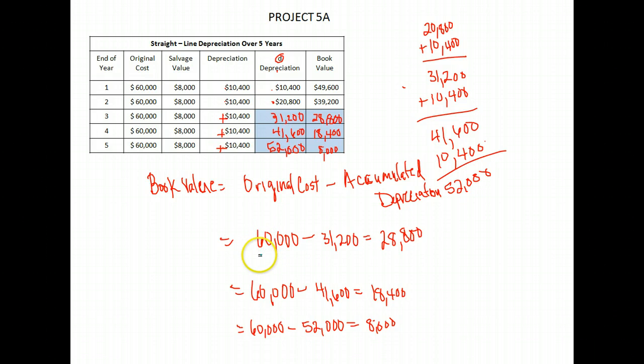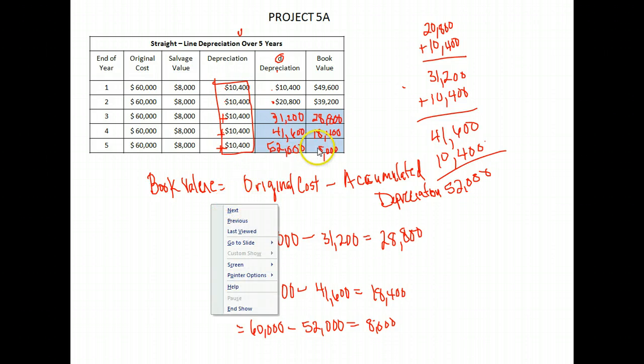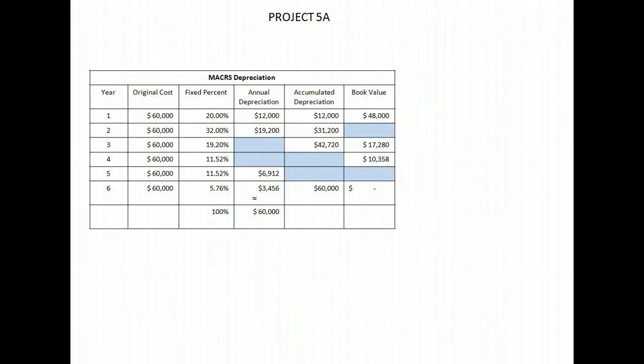Okay, so this is linear depreciation. And again, how linear depreciation works is it depreciates exactly the same amount every single year. And in the end, you have a salvage value. This one is the other type of depreciation where you have a fixed percent that it depreciates by each year. And notice the percent is not the same.